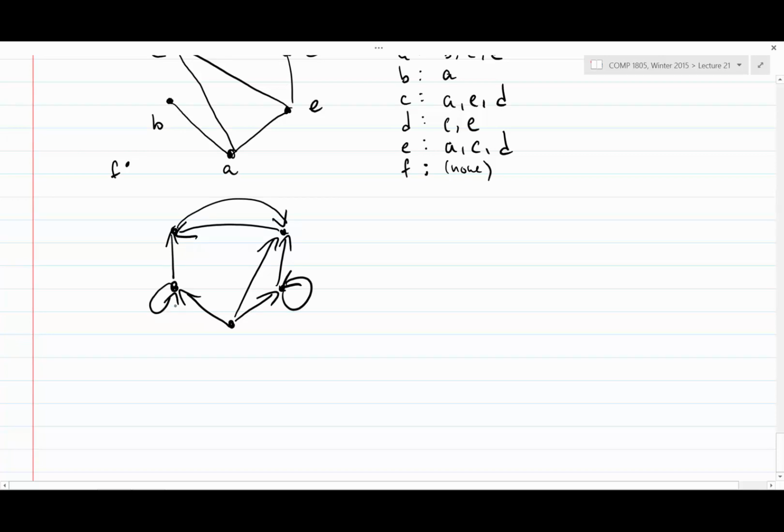So this is a bit more interesting, and I'll label it the same as I did before. We can also have an adjacency list for this thing. So my vertices are A, B, C, D, and E.